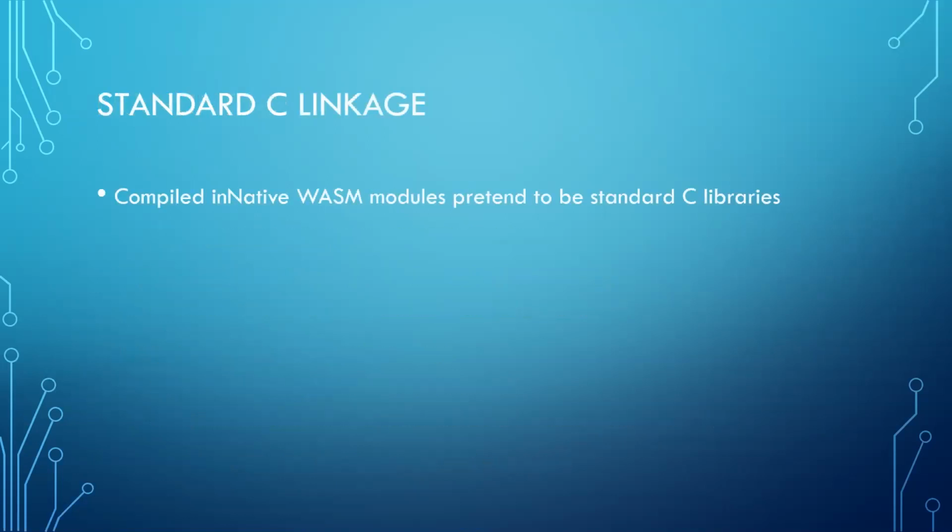But yeah, speaking of that, everything that it compiles uses standard C linkage. So all the entry points have direct analogs to the actual entry points that you would find in a normal executable, and it uses a standardized name mangling function to allow for linking between different WebAssembly modules.